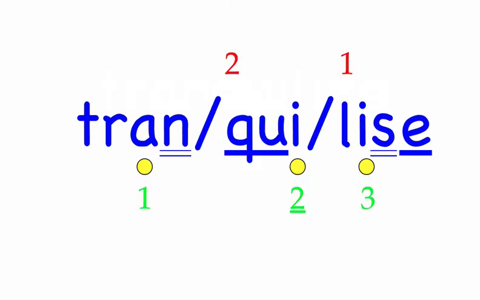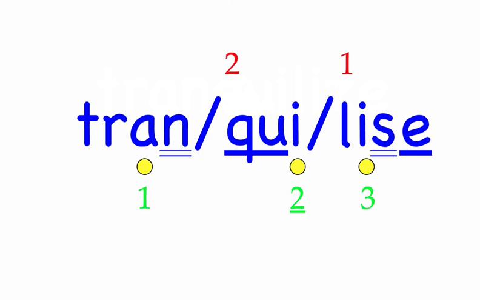Tranquilize. Mark the word. Again, N is followed by the sound k. Remember, QU equals KW. So when N is followed by the sound k, it represents its second sound.